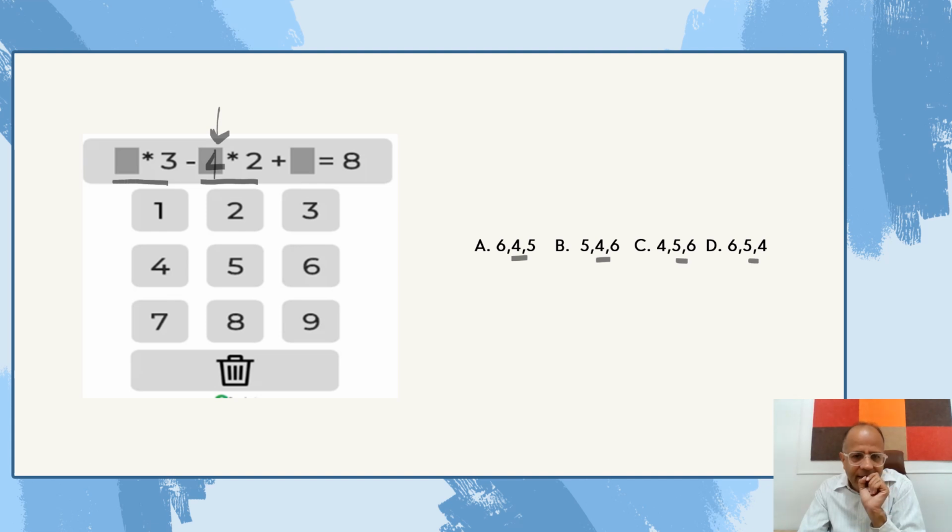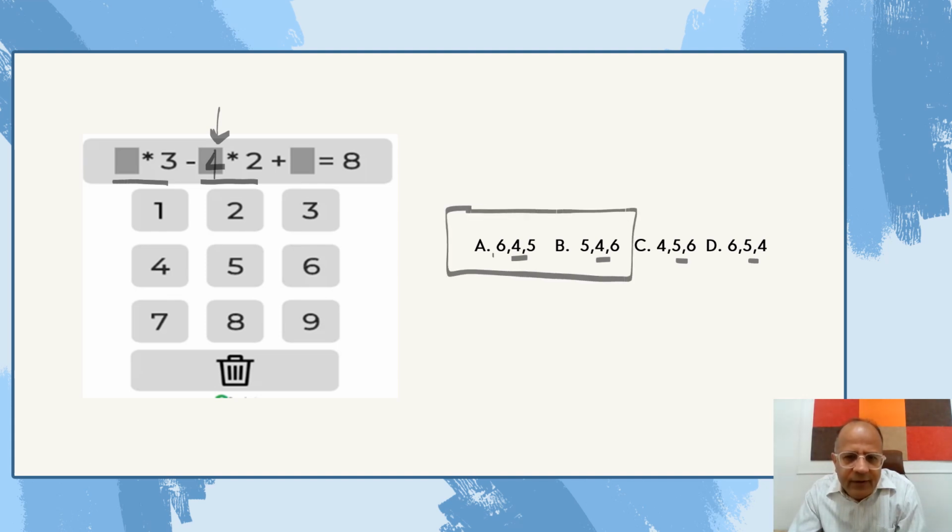Now with this 8, if I look at what options I have for the first number, let's be focused on putting the second as 4. Then I'm dealing with these two options at the moment, and I have the choice of putting either a 6 or a 5 for the first place.